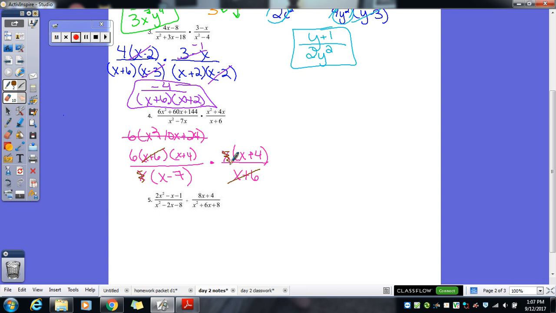So in the numerator, we would have 6 times x plus 4 times x plus 4, because we've got 2 of them up there, and then it's over x minus 7. So again, remember, since there's 2 x plus 4s up there, the other way that they could write this would be 6 times x plus 4 squared over x minus 7.